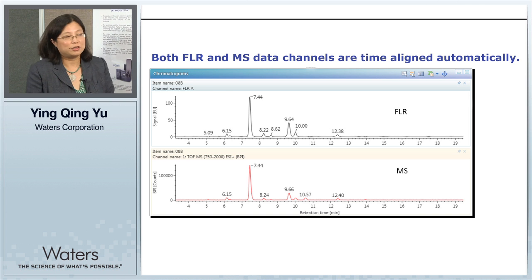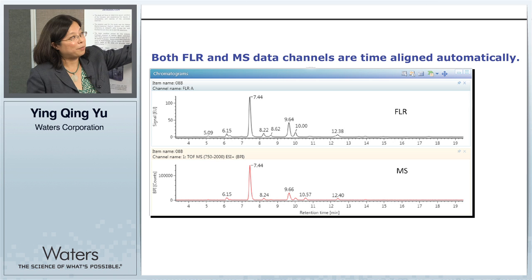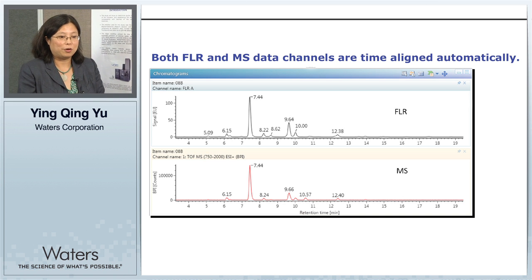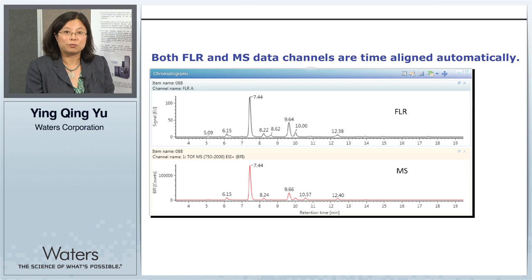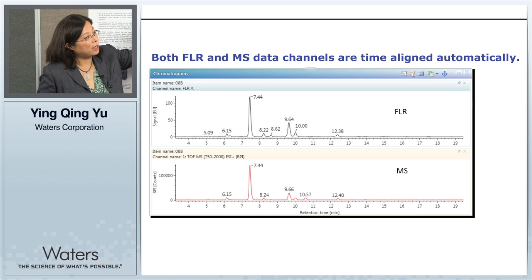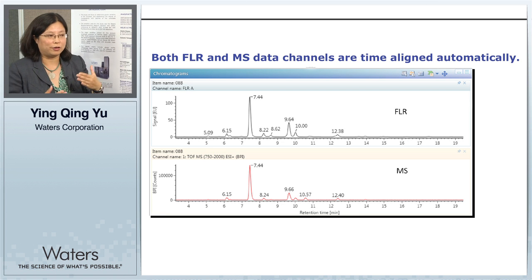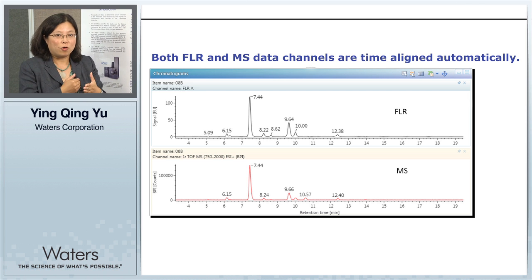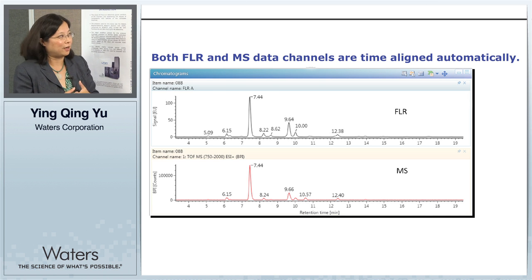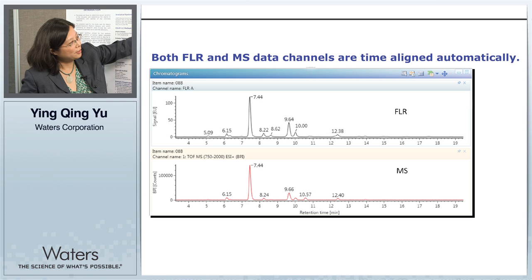Under data acquisition in UNIFI, there is a time alignment capability now implemented, meaning that for anyone who wants to do N-linked Glycan profiling, the MS data channel and the fluorescence data channel are automatically time aligned. Therefore, the information from both data channels can be combined for qualitative and quantitative analysis. You can clearly see the time is aligned perfectly here.